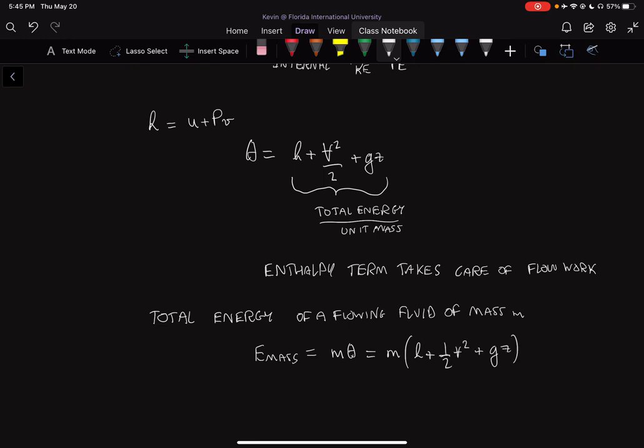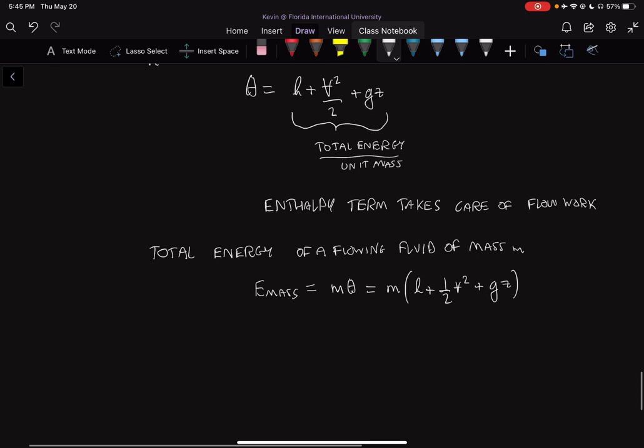And we can also write this in the rate form, which would be E dot of mass. So this is the rate form, so it means that it's divided by the change in time, and would be equal to mass flow rate times theta, which is equal to mass flow rate times H plus 1/2 V squared plus gz.